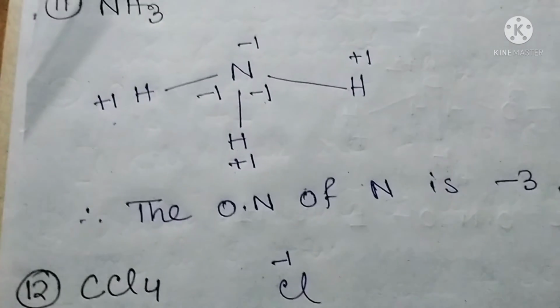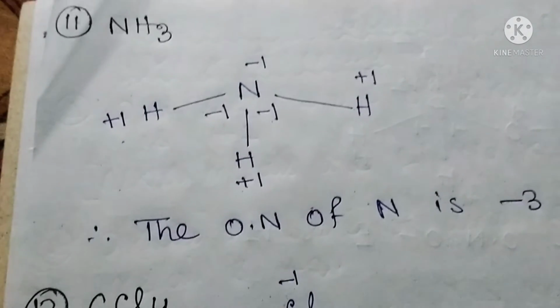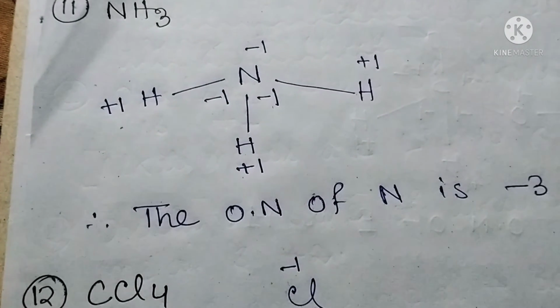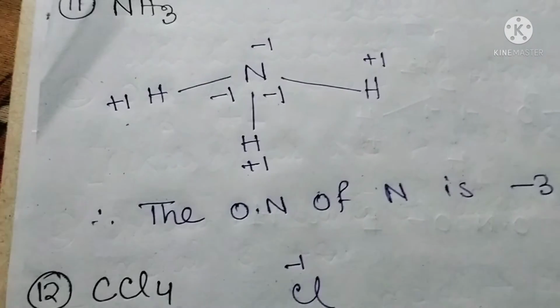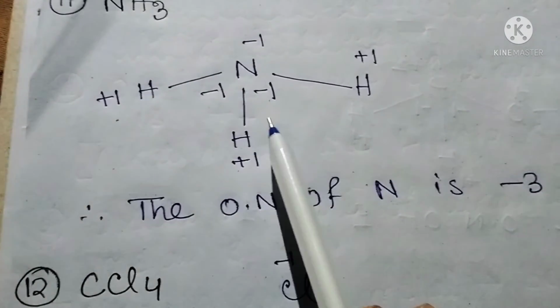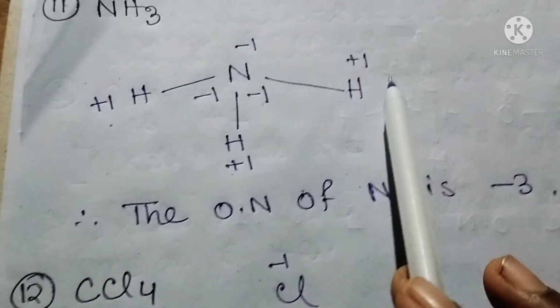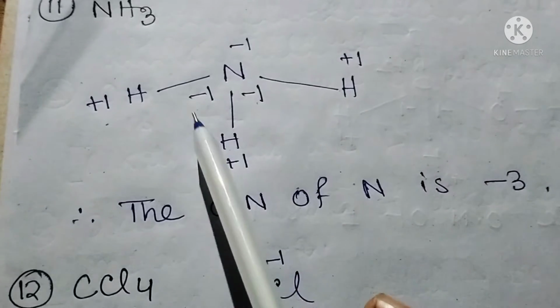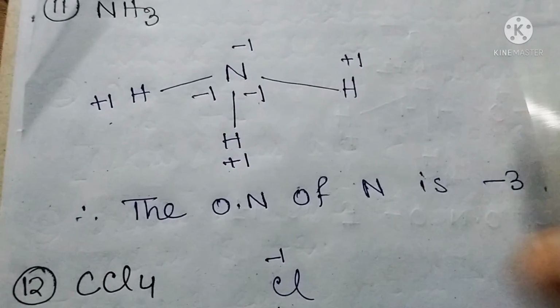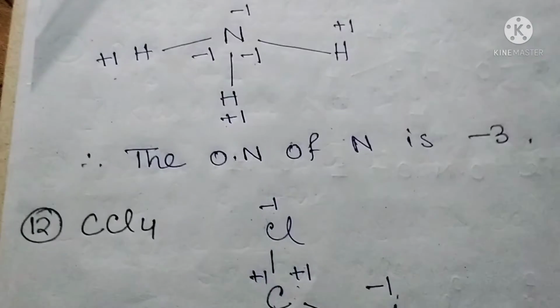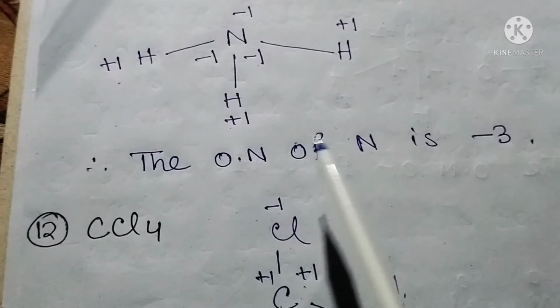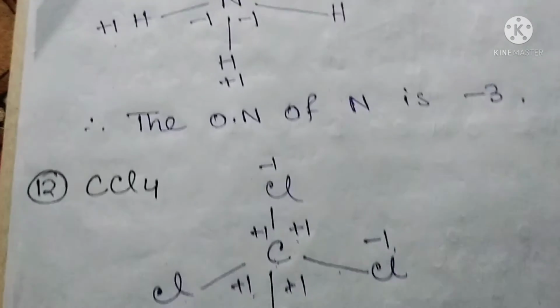So we get negative 1 charge on the nitrogen atom and positive 1 charge on the hydrogen atom. Similarly, here we get negative 1 charge and positive 1 charge, negative 1 charge and positive 1 charge. So negative 1, negative 1, negative 1 equal to negative 3. So the oxidation number of nitrogen is negative 3.